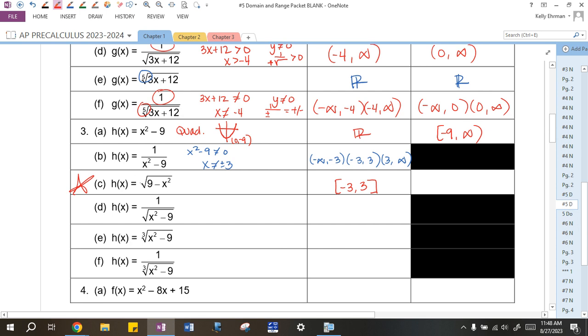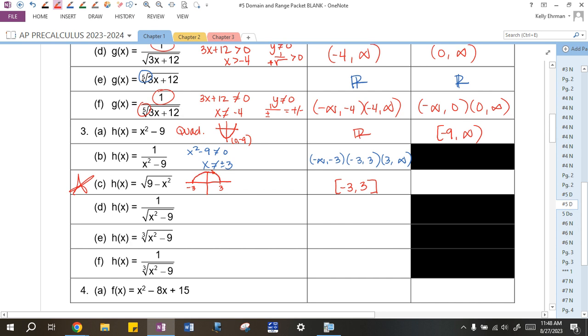This graph, when it's the square root of a perfect square minus x squared, looks like a half circle. The radius of the half circle is what you would get when the expression is 0, so plus or minus 3. The maximum height when x equals 0, you get square root of 9, which is 3, and it's this cute little half circle.